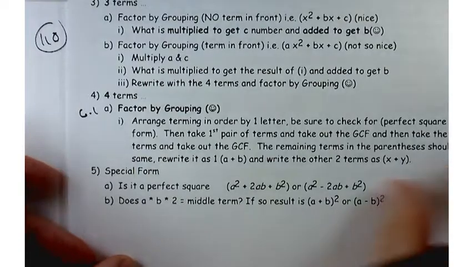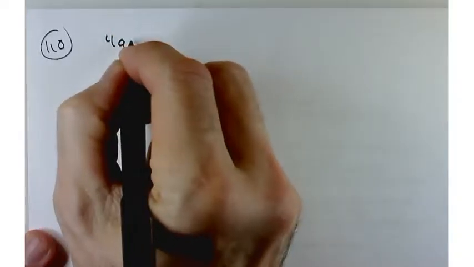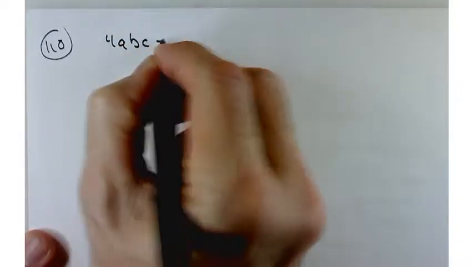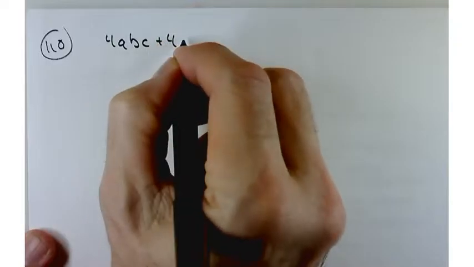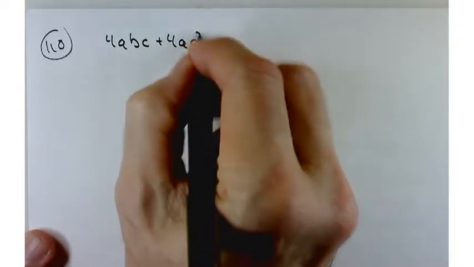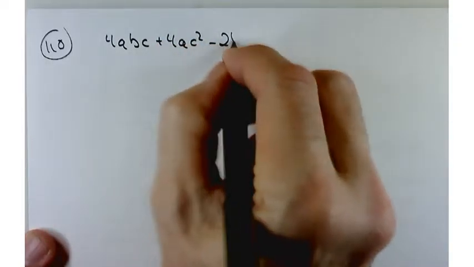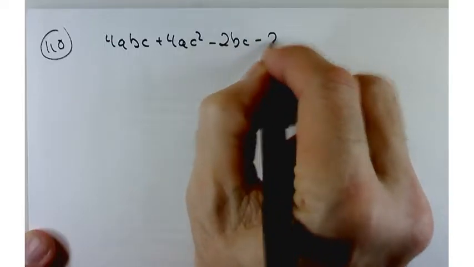Now, the very, very first thing that you should always try when you're trying to factor something is to factor out the GCF. So problem number 110, 4abc plus 4ac squared minus 2bc minus 2c squared.